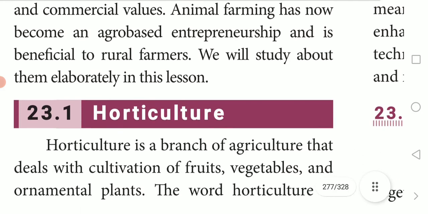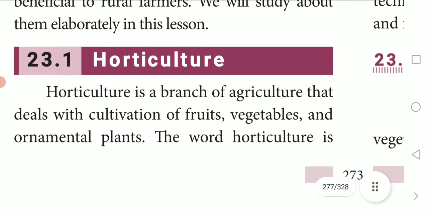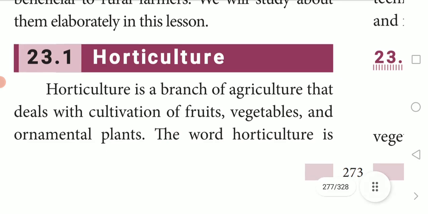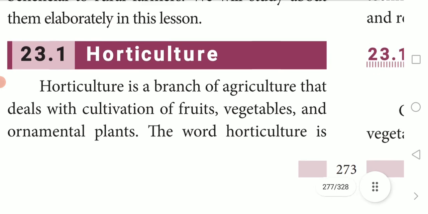We'll study what horticulture is. It is a branch of agriculture that deals with cultivation of fruits, vegetables, and ornamental plants. So horticulture is a type of agriculture where we can grow fruits, vegetables, ornamental plants. That is what we call horticulture.